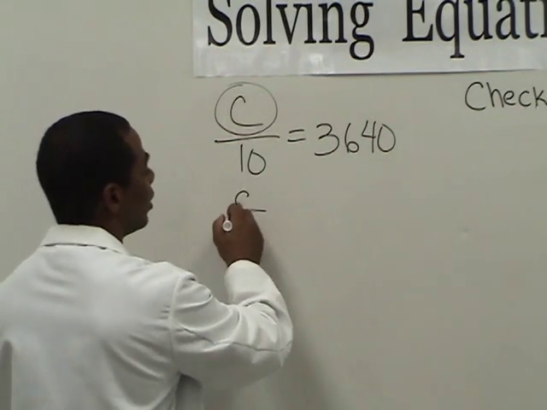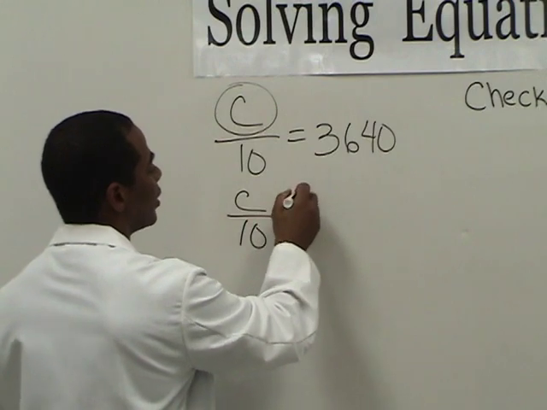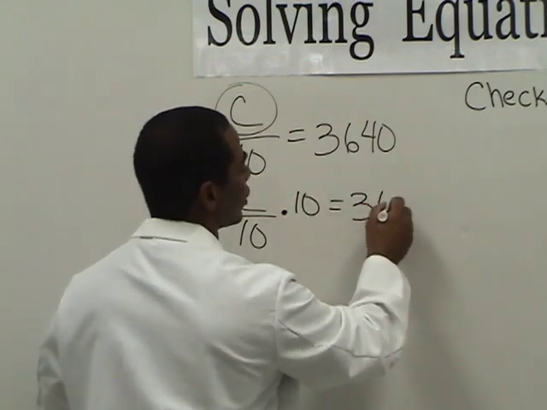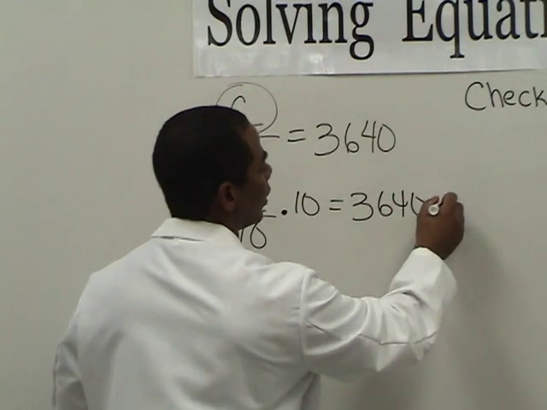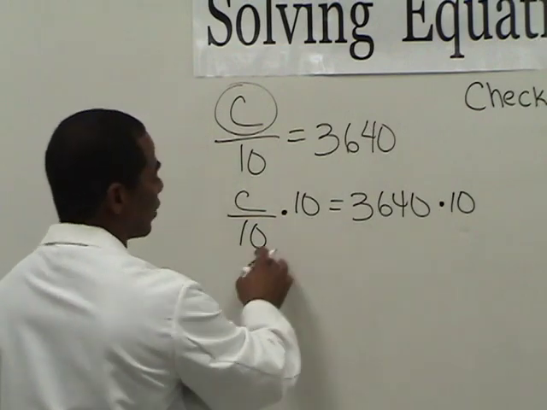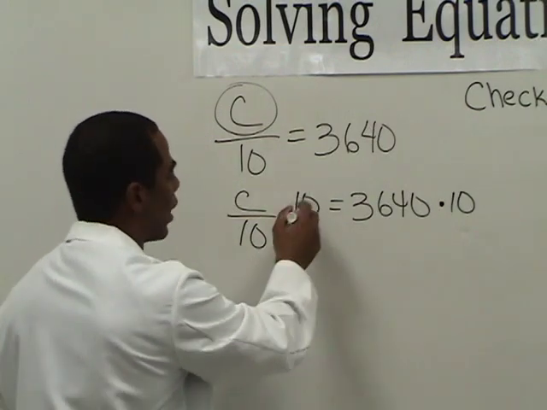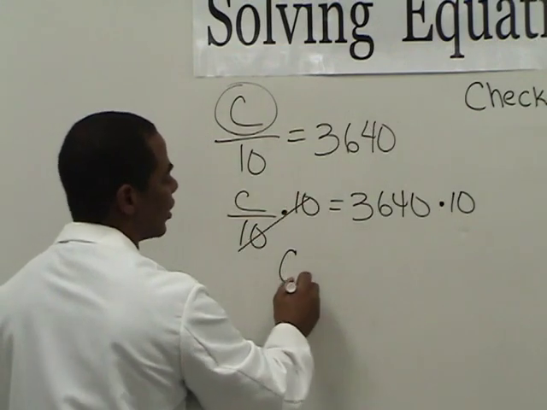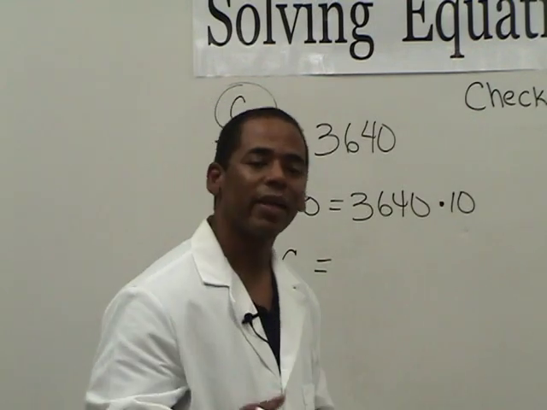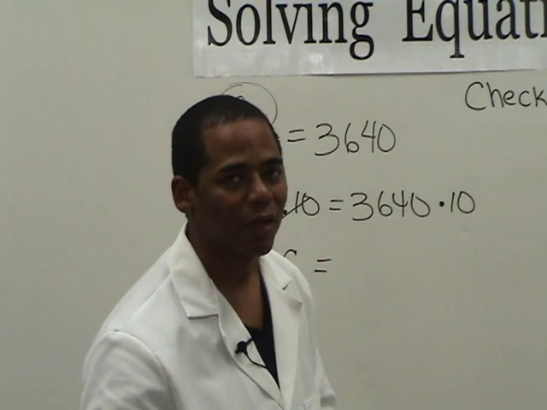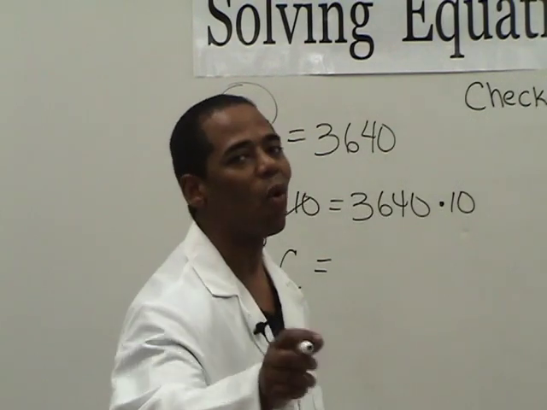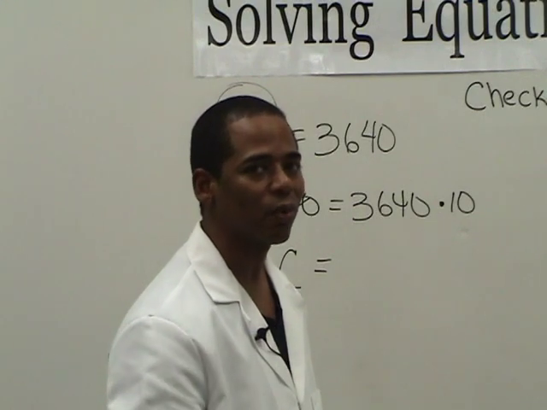So I have c divided by 10 times 10 is equal to 3,640 times 10. Now, on our left side, the 10s will cancel each other out, which leaves me c is equal to 3,640 times 10. Now, you can go to your scratch sheet of paper and write out 3,640 times 10 and do your multiplication, or you can recall the base 10 rules.